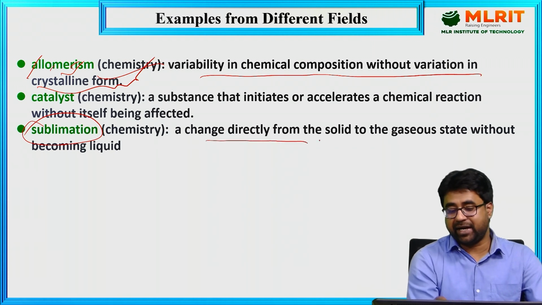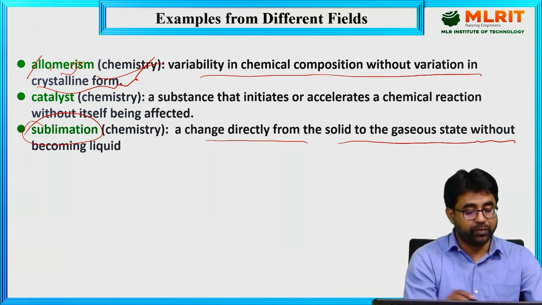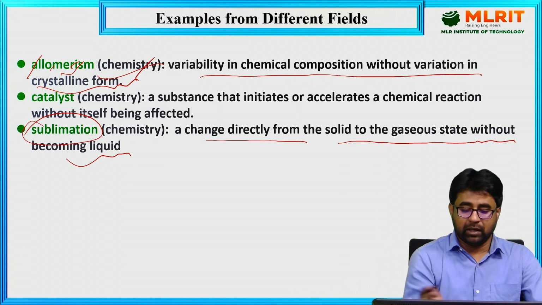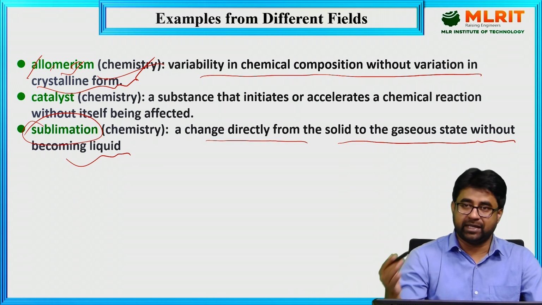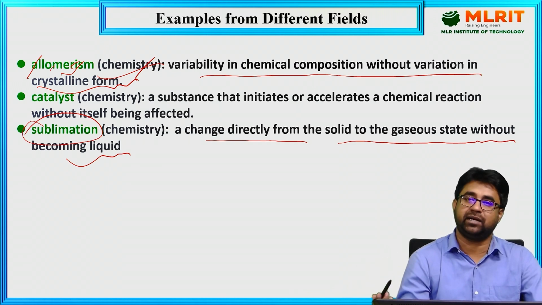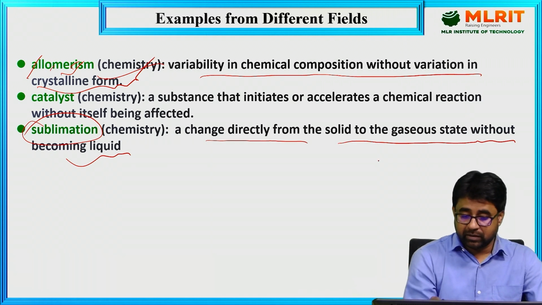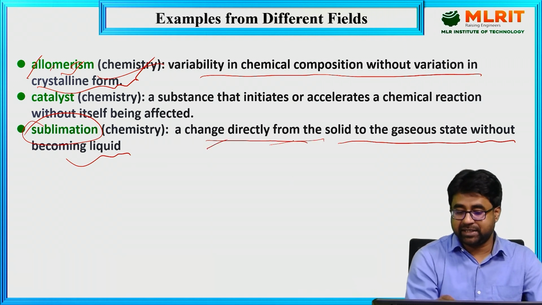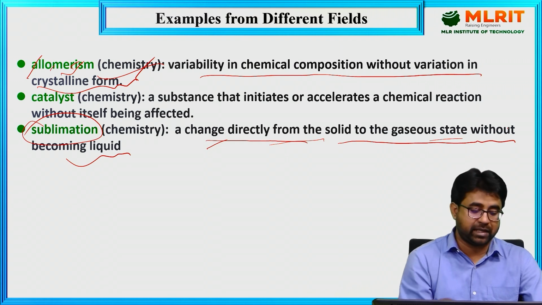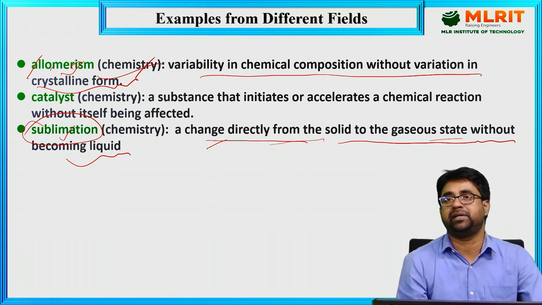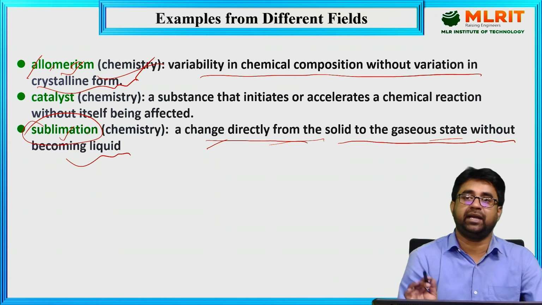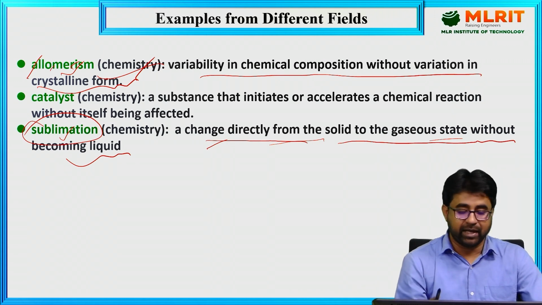A change directly from the solid to the gaseous state without becoming liquid. So the normal progression is solid, then liquid, and then gas. But there are certain things that directly change from the solid to gaseous form. That process is called sublimation in chemistry. So this is again another example of technical vocabulary in the field of chemistry.